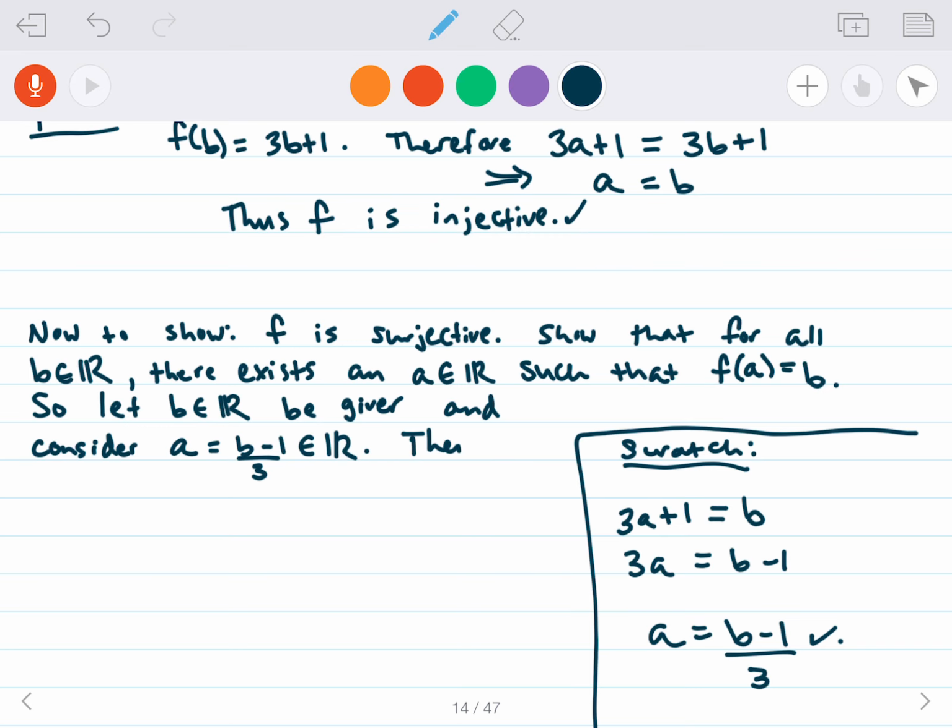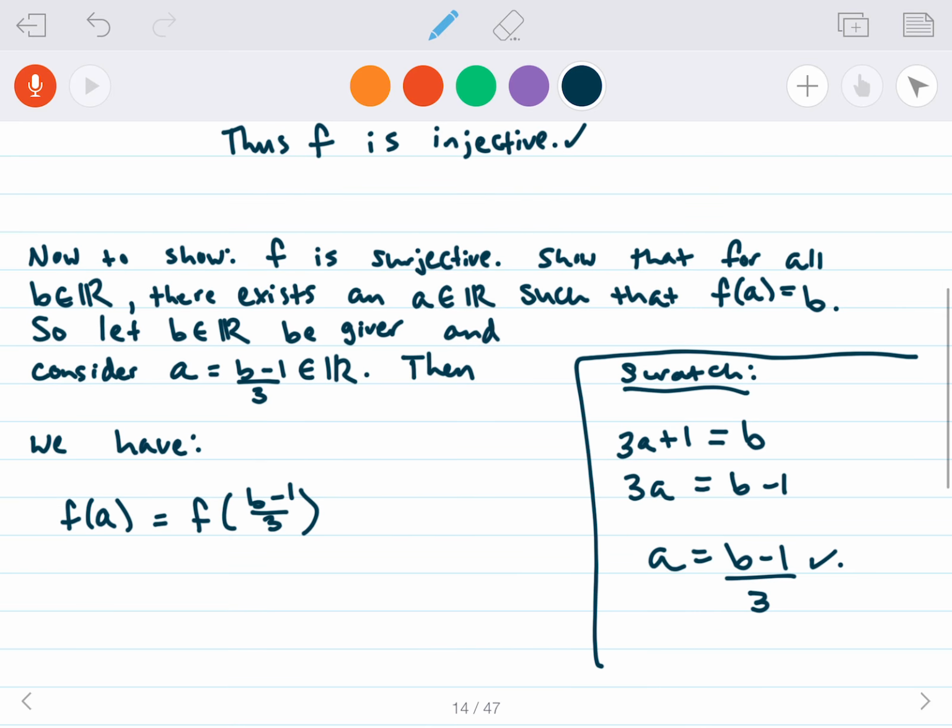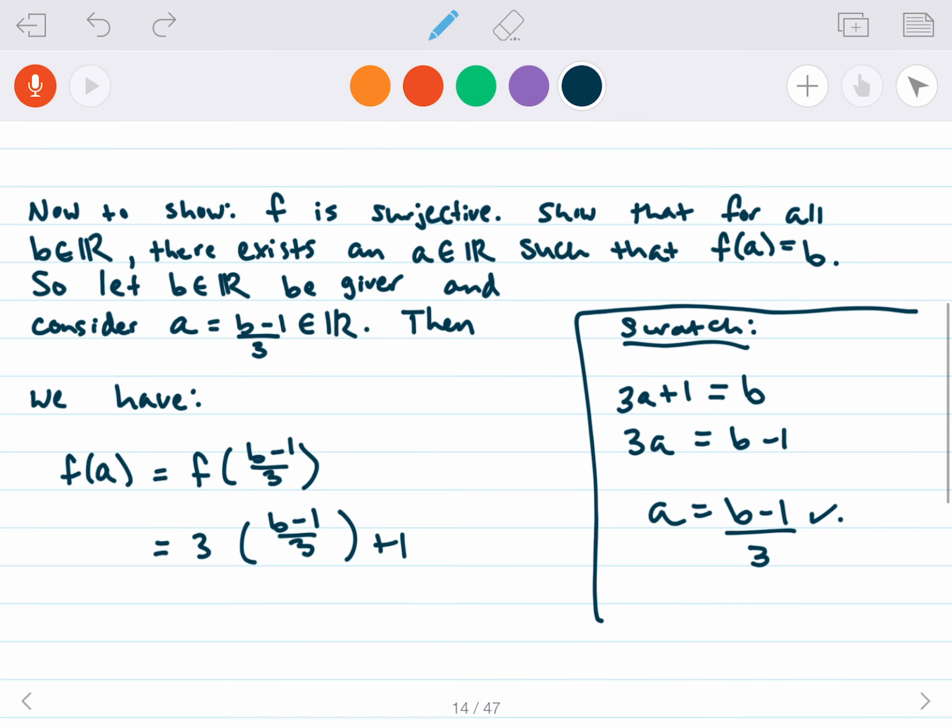Well, then we have the following. f of a is, by what a is, f of b minus 1 over 3. And this is going to be equal to 3 times b minus 1 over 3 plus 1, just inputting this into our function. And when you simplify this out, you get b.